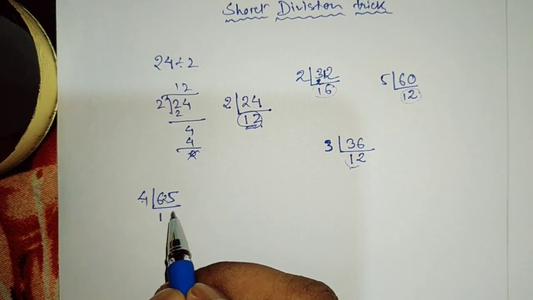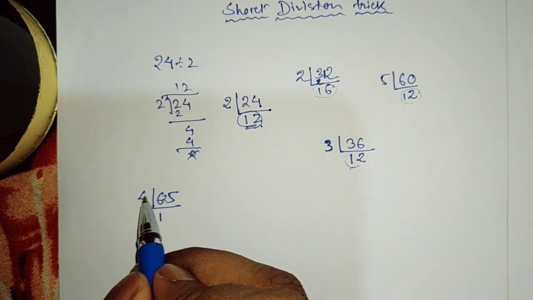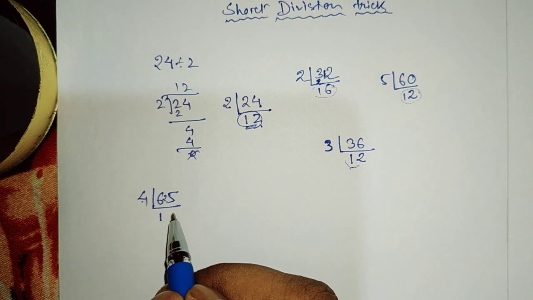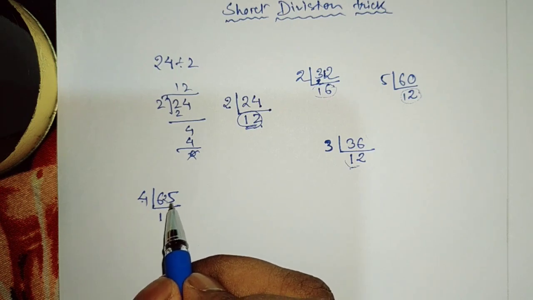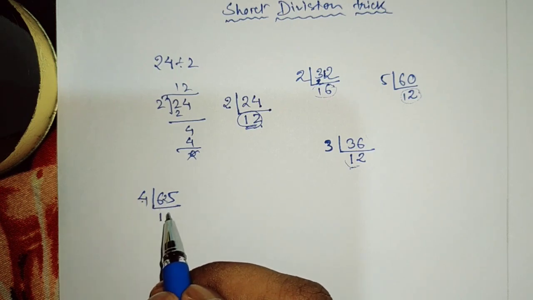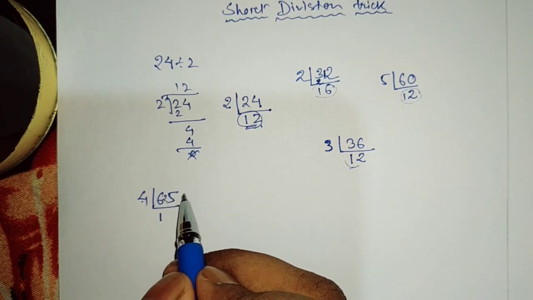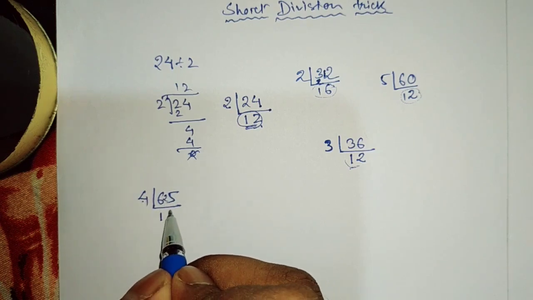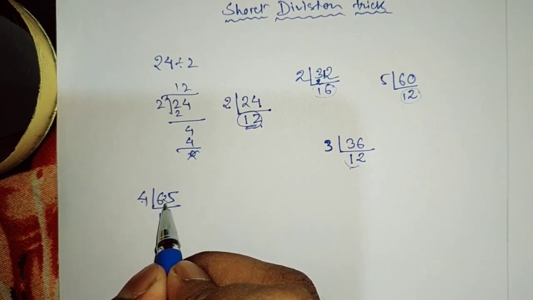So again 4 ones are 4, up to 4 fives are 20, 4 sixes are 24, then 4 sevens are 28, which is more than 25, so we'll take 4 sixes are 24.